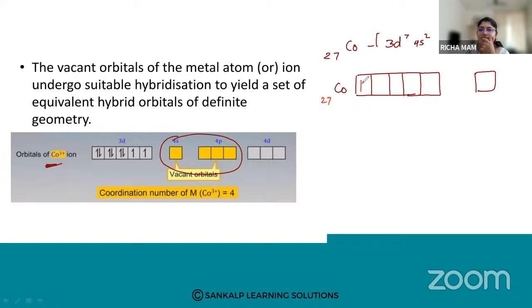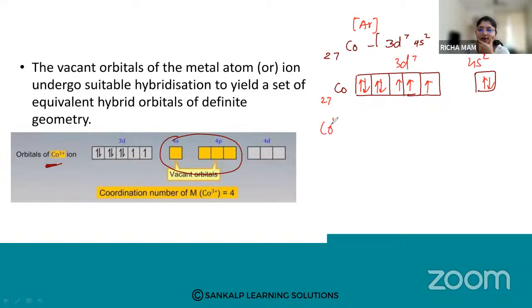Cobalt is 27: argon 3d7 4s2. So 1, 2, 3, 4, 5, 6, 7 are the 3d electrons, and these 2 electrons are the 4s2 electrons.